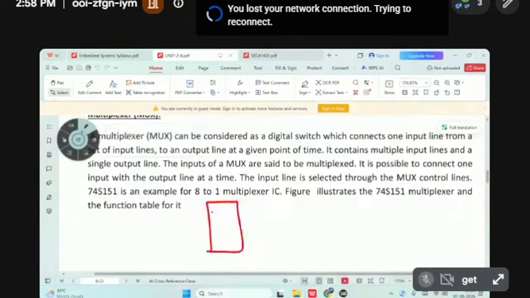Mux is nothing but multiplexer, meaning I would like to multiplex 8 signals into one signal. 8 into 1, right? So here I use a number of signals, 8 signals, and I can generate only one signal.